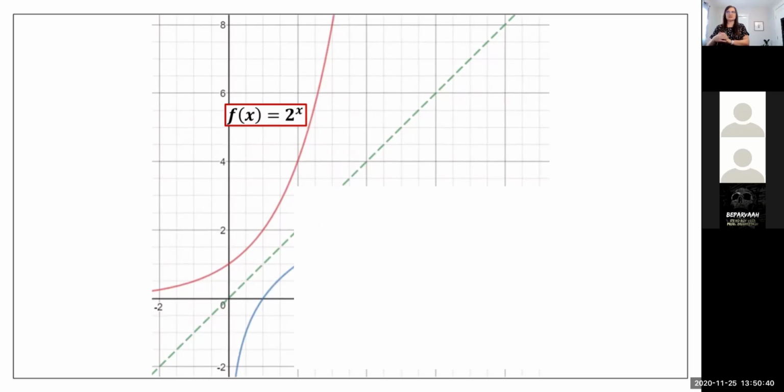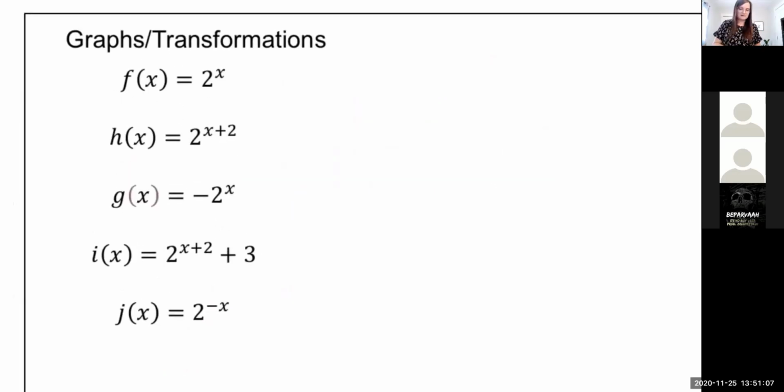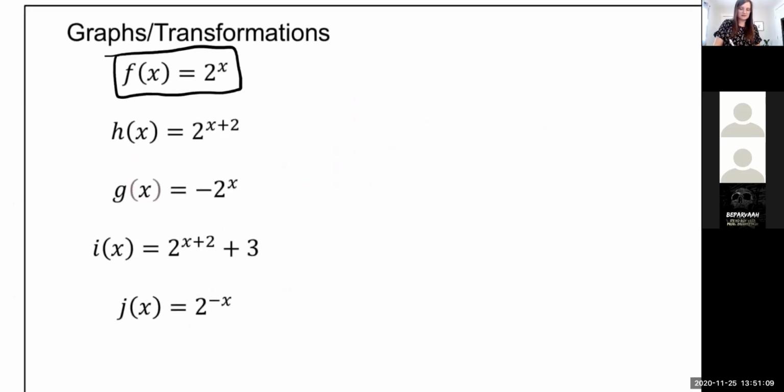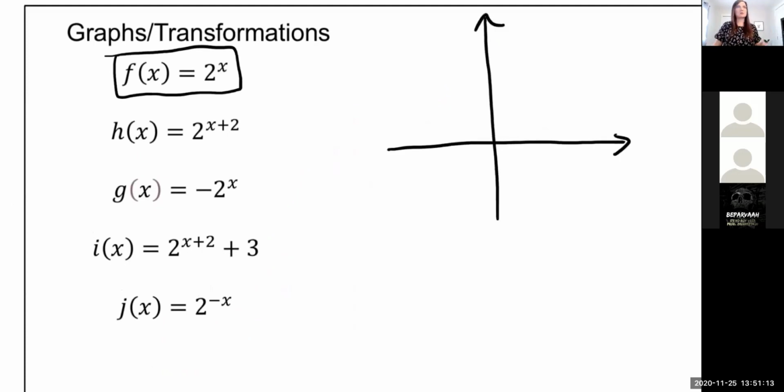There is a component to this module where you will be asked to sketch a graph of either of the exponentials, and all the same things apply in terms of shifts. So if you started with 2 to the x and you got the graph of 2 to the x, again, we plotted some points. 0 gives us 1, because 2 to the power of 0 is 1.